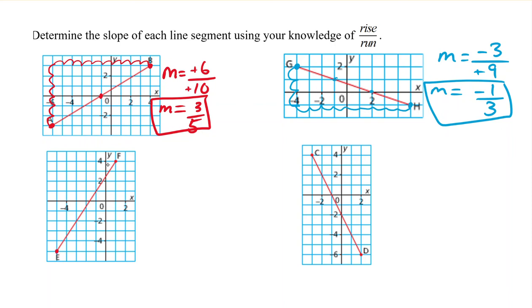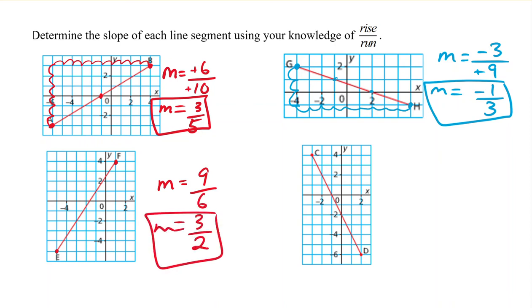Now the slope of E and F, we're going to go up 1, 2, 3, 4, 5, 6, 7, 8, 9. So we're going to go up 9, and we're going to go over 1, 2, 3, 4, 5, 6. And that's going to reduce to 3 over 2. And then the last one, C to D. Well, it looks like it's got a negative slope, so let's just keep that in mind.